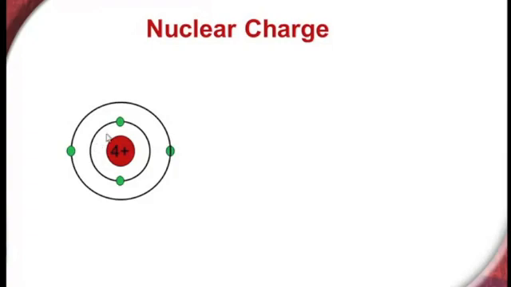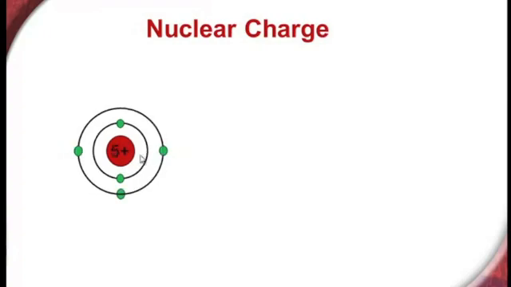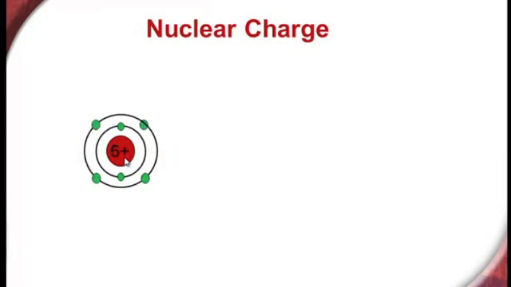And so that would give us 4 plus positive charge in the nucleus. And of course, to maintain charge neutrality, that is a net charge of 0, we've got to have 4 electrons out here. And then as we continue going to the right, the next element would be boron. So that would be 5 protons in the nucleus, so now we have a charge of 5 plus. And the next one would be carbon, and so on.